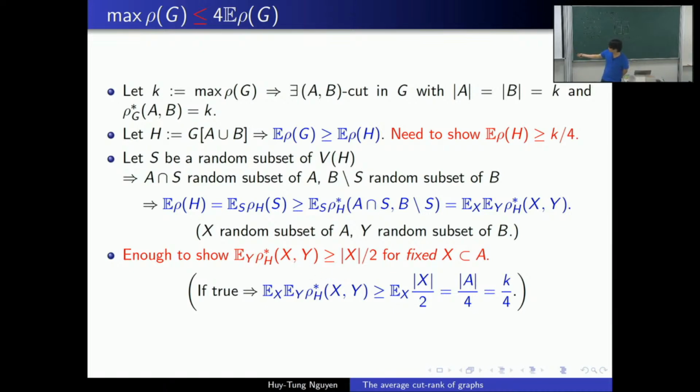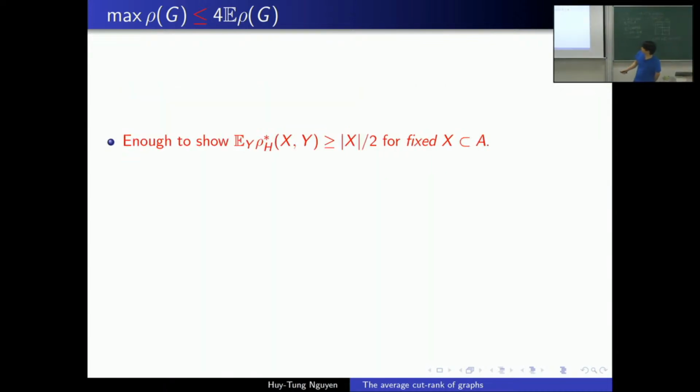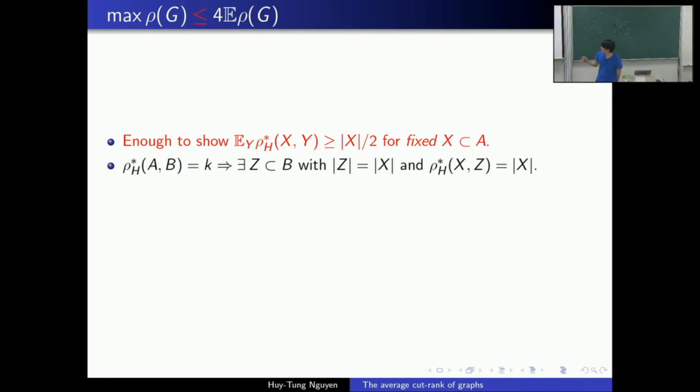Okay, because the expectation of the size of x is |A| over 2, which is k over 4, and so it is enough to show this inequality. And we use the same trick here. So let's say now we have another picture.